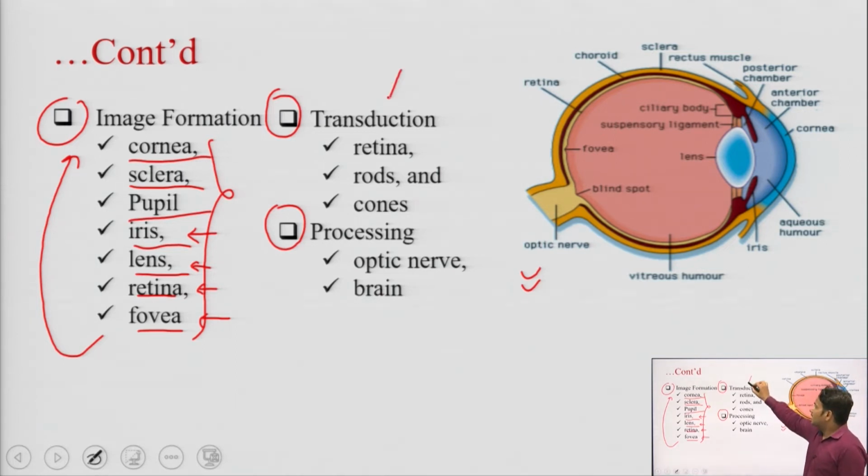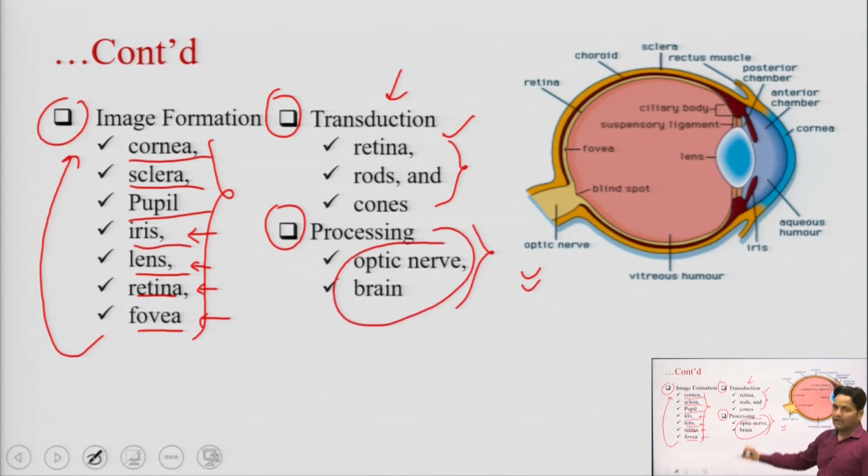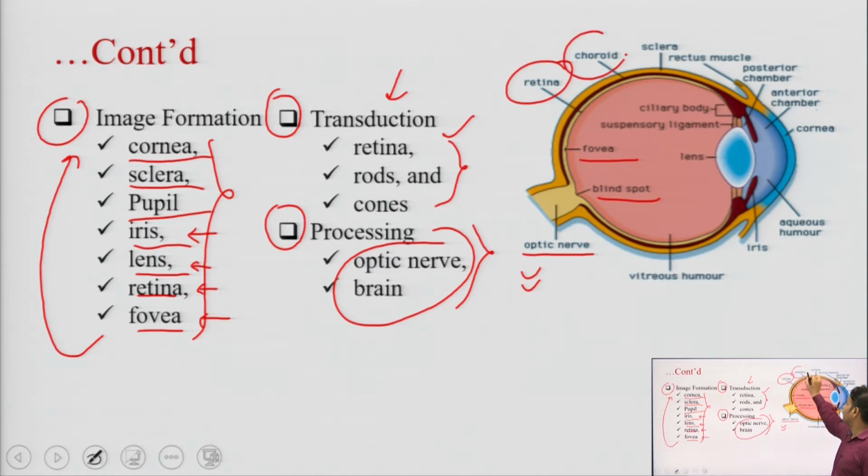After that, the second process is called transduction. So, these three come into the picture: the retina, rods and cones. After the transduction process, you can identify that image. These two terms are useful to process the image. So, these are the optic nerves, this is the blind spot, fovea, retina, choroid, sclera and cornea, and this is the lens.